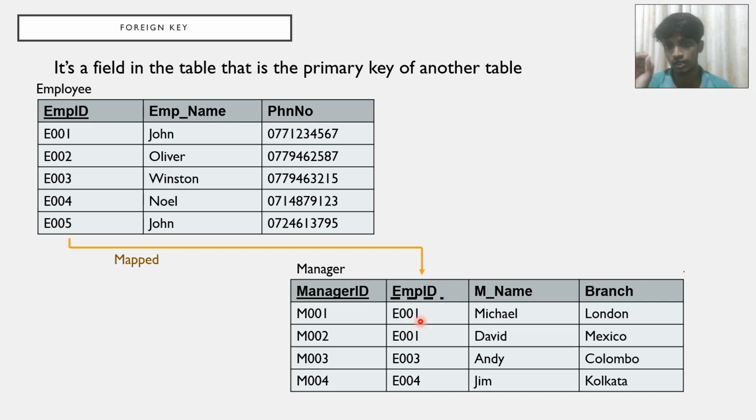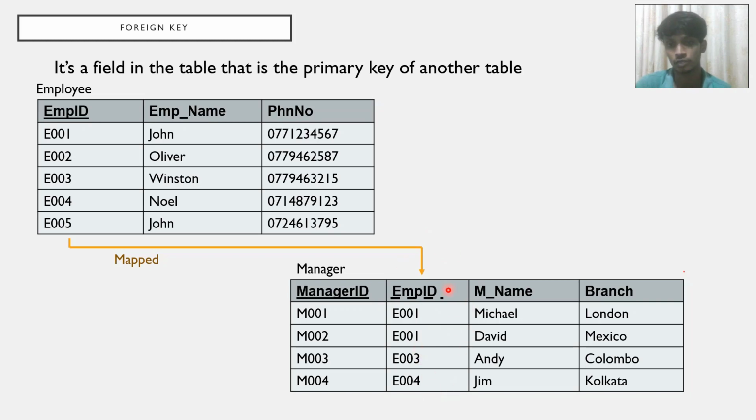So imagine a scenario where a user wants to identify who are the employees managed by Michael. Michael is a manager, and John, Oliver, Winston and Noel are the employees. If a user wants to identify the employees related to Michael, then this attribute should be contained.